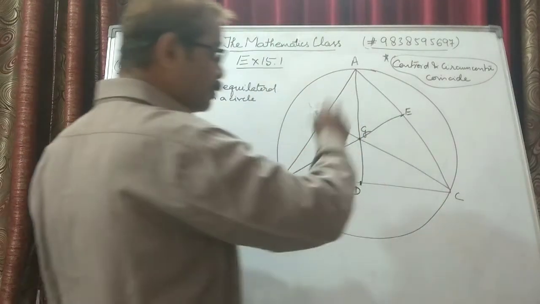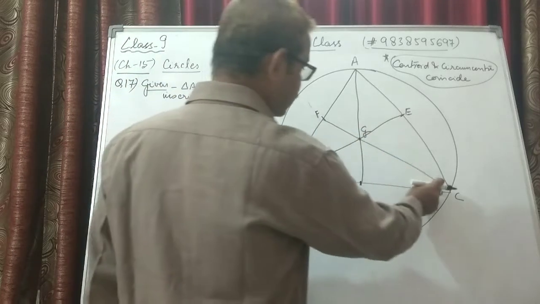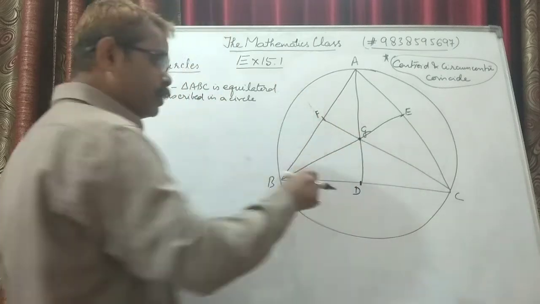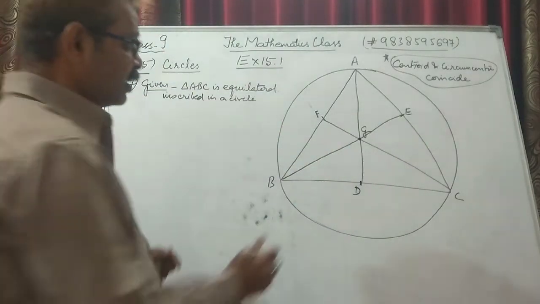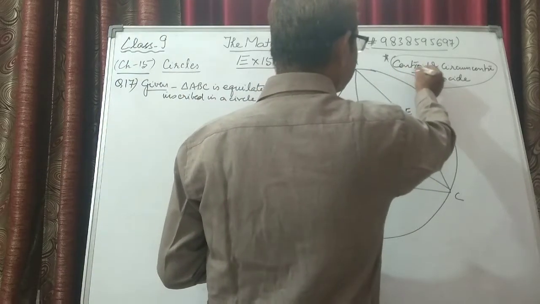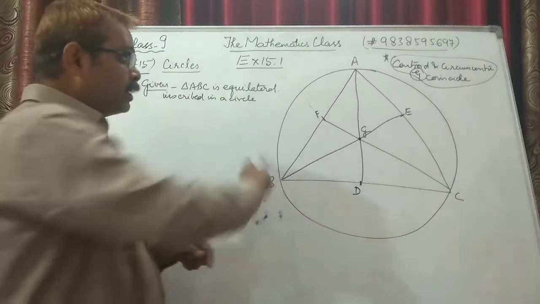And circumcenter means we have to prove that GB, GC and GA are equal, meaning this point G is also the center of the circle. This point G is the centroid, but we have to prove that the same point G is also the center of the circle.